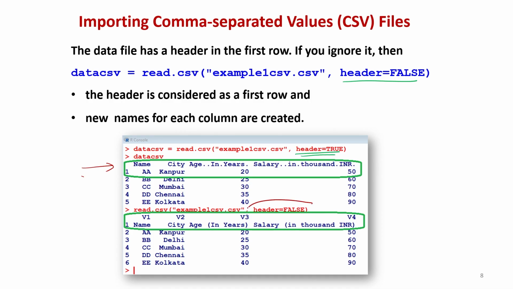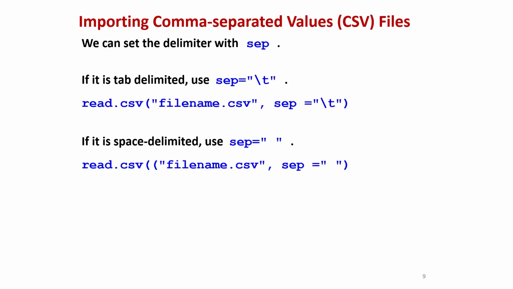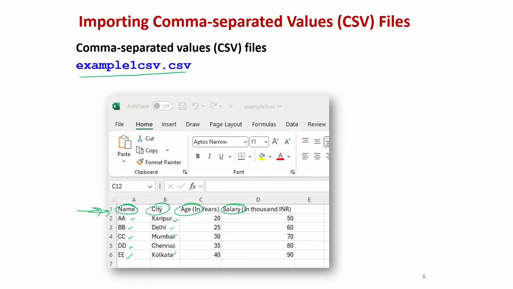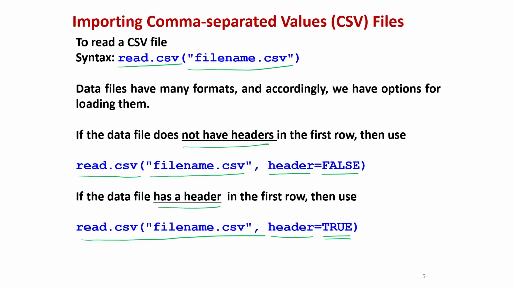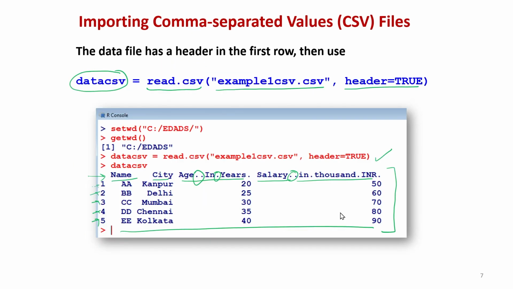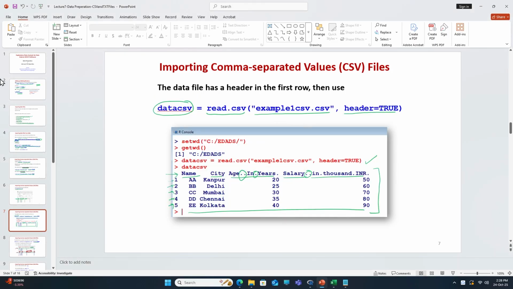But when you give header is equal to FALSE, the first row is considered as a data value, and R gives other names like V1, V2, V3, V4 to the four columns. This is the reason why we have to specify whether the option is header is equal to TRUE or header is equal to FALSE. Right, so let me first read this data and show you.